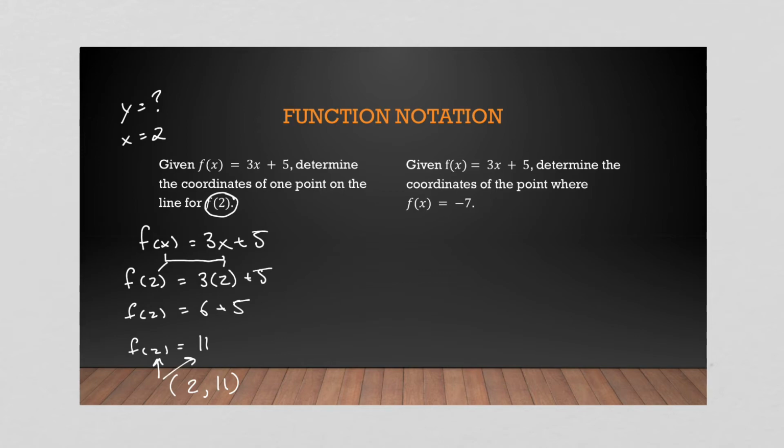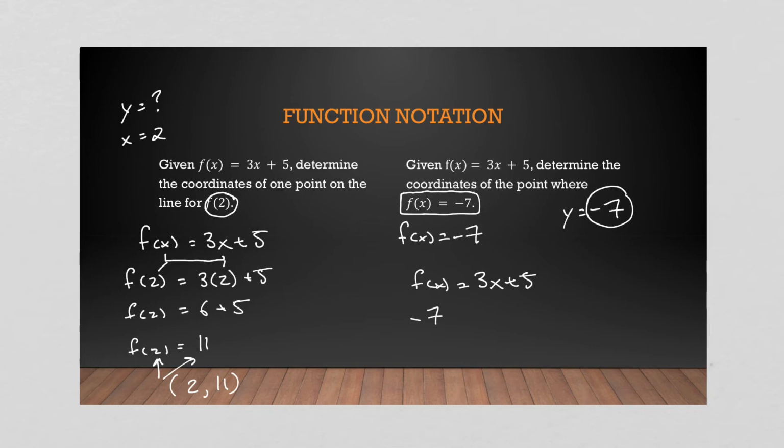So now let's look at this one, except in this case, they're saying f of x equals negative 7, which means y equals negative 7, which means that's my output, and I'm working backwards. So this is an equality statement. In this equation, they're telling you that f of x is negative 7. So we can just sub in the f of x, and now we solve for x.